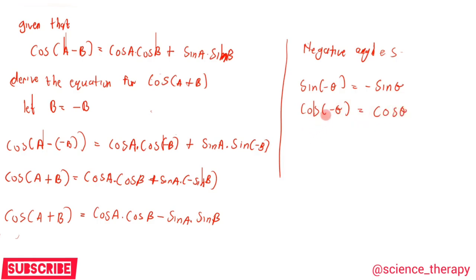You can even test it in your calculator. Just put in a negative angle, and it will give you that positive number. Then tan of a negative angle gives us a negative value, right? So negative tan theta. So those are your negative angles and what they produce.